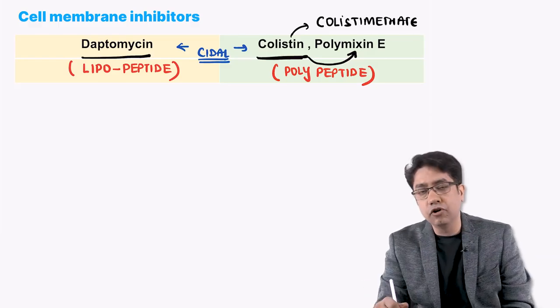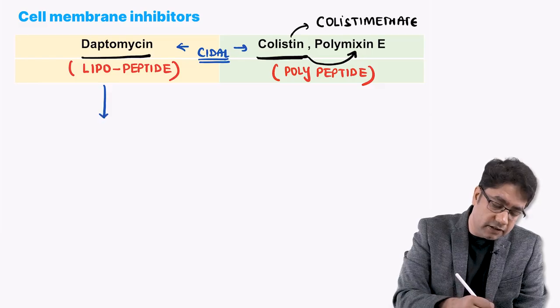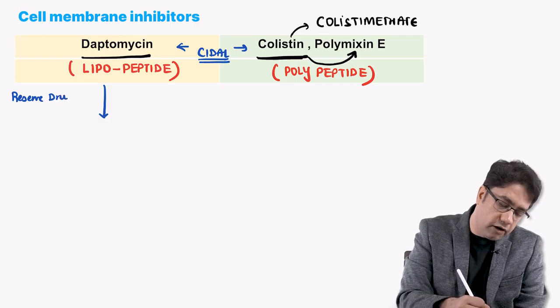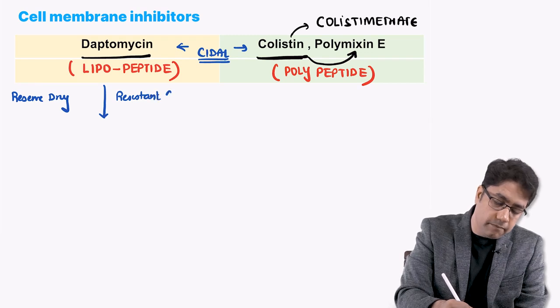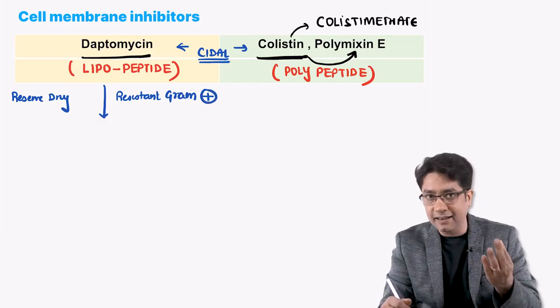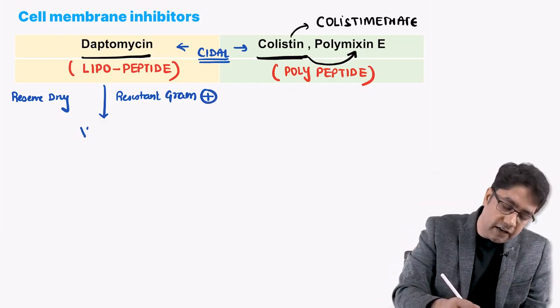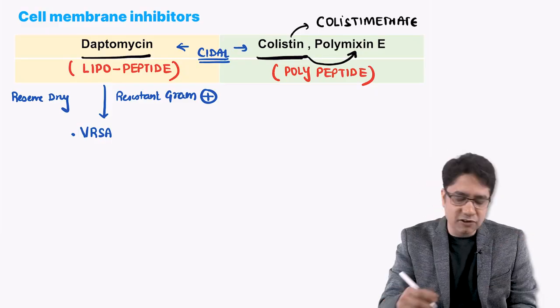Now where is daptomycin used? Daptomycin is a reserve drug for resistant gram-positive infections, like we discussed VRSA, vancomycin-resistant Staphylococcus aureus.